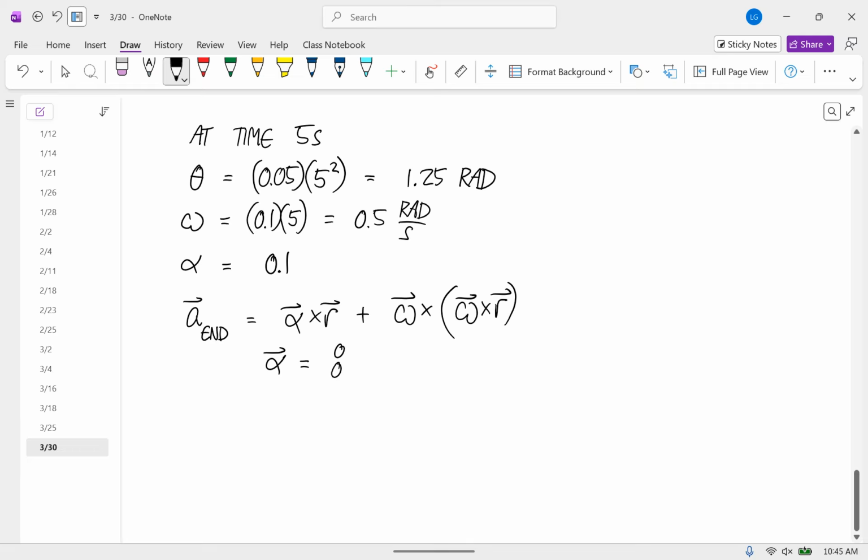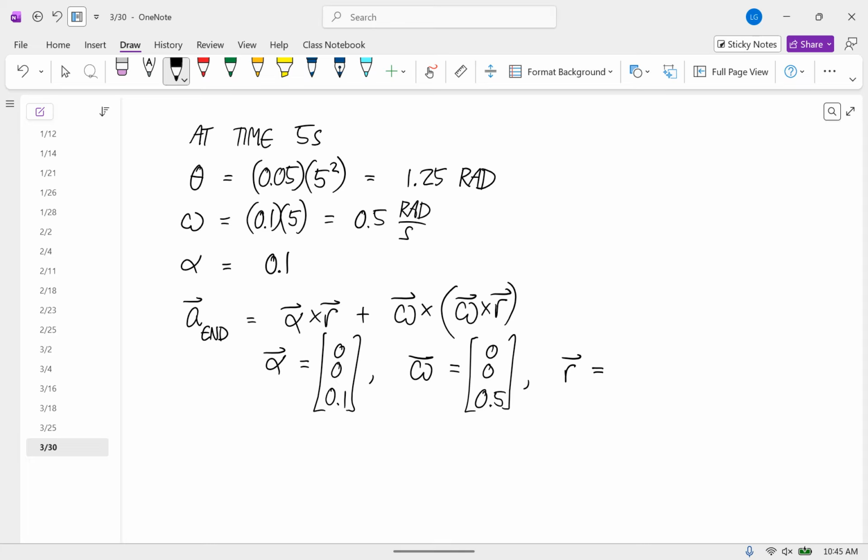So alpha is 0.1. All of these listed up here are just z components. They're all signed, so whatever their sign is, that's what it is. So this is 0.5. And then r. Okay, well, r is the vector from, someone give me the definition of the r vector.